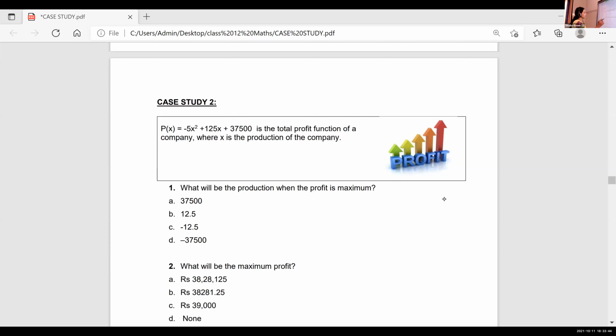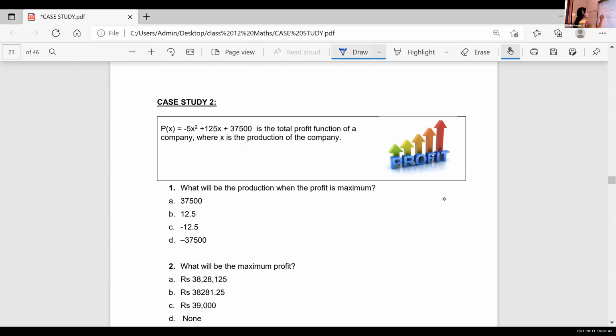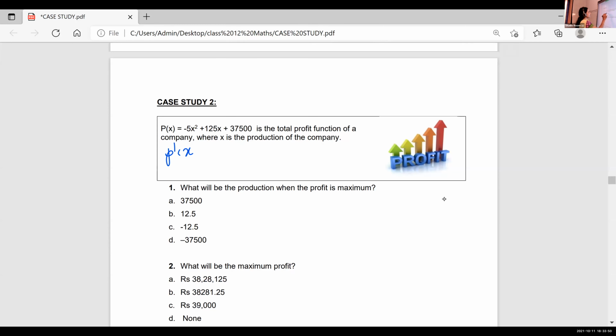How to do this? First, find out what is p dash of x, isn't it? First order derivative. It is minus 10x plus 125. What is p double dash of x? It is negative 10. So we have to substitute the value x is equal to 12.5 in p of x, isn't it?